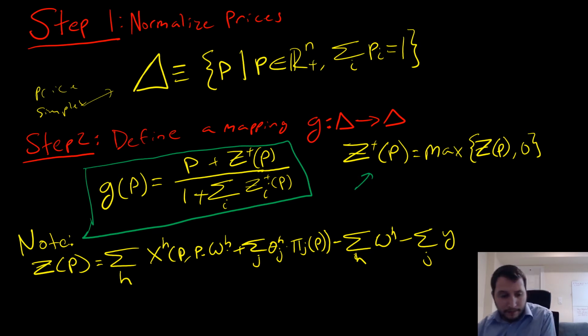We're going to note that our total excess demand is the summation over all households' demands, as a function of the prices and this term here, which is the value that they hold, being the value of their endowment and the shares that they hold in each one of these firms, and also that's going to be minus the sum total of all the endowments and the production plans that we have down here. Just forgot to put a little j there.